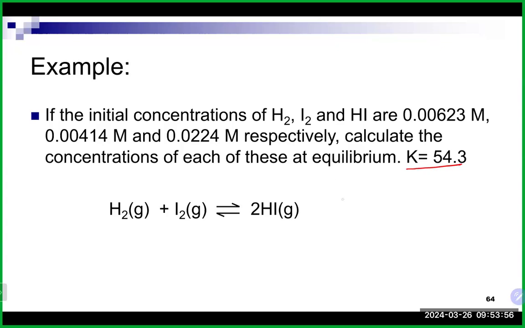The first thing that we want to do in this case is, because we are given the concentrations of everybody that is there, we would want to calculate Q. Q is what is known as the reaction quotient, and it is calculated the exact same way as you calculate K. The idea is you're not sure if you're at equilibrium or not, so Q will tell you whether or not you're at equilibrium.